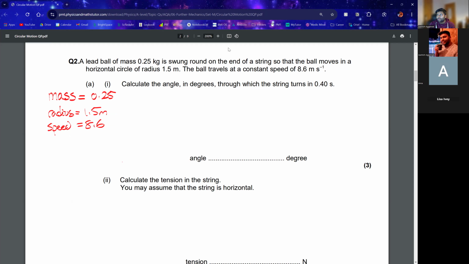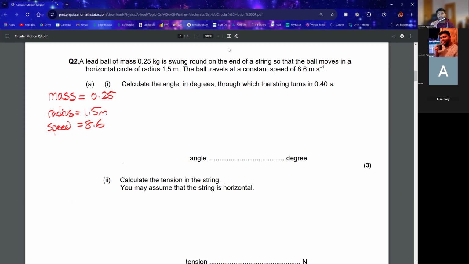So what was the first equation you said that we could use? Omega equals 2 pi by t. Okay, we don't have a factor of time, so I wouldn't use that one. I mean, we do kind of, they have said here the 40 seconds thing, but we'll factor that in.